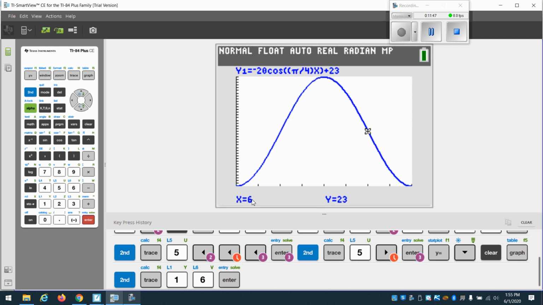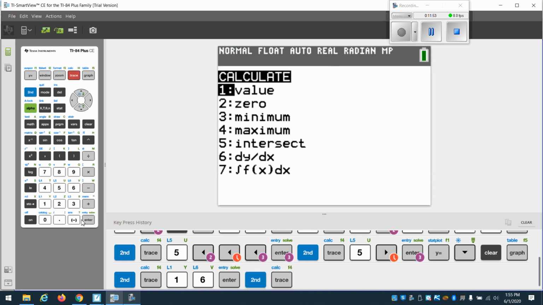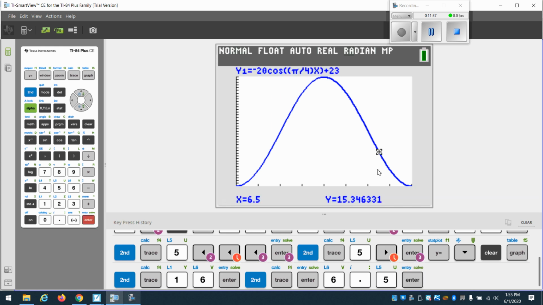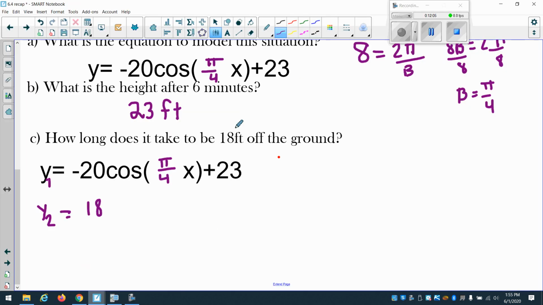Okay. However, it's only going to show you whole numbers. You could try, let's say, 6.5. It should show you that. But again, you could find that as well as plugging it in for x. So that answers how long. How long, you're always finding the time. Okay.